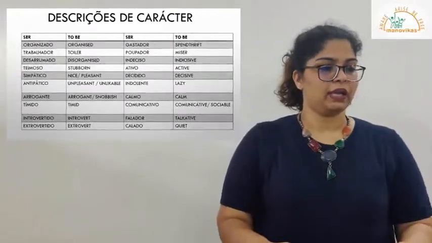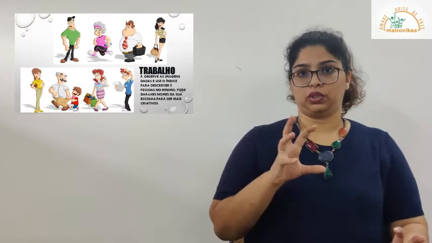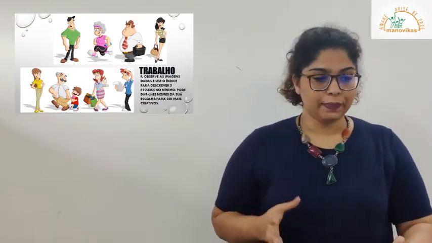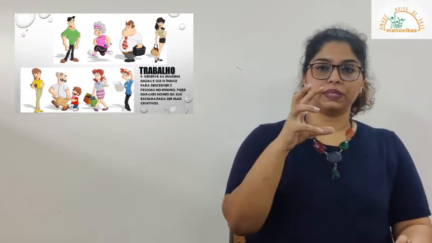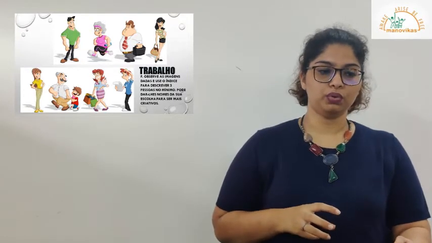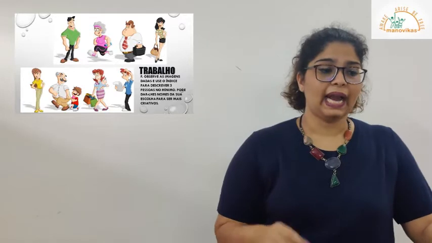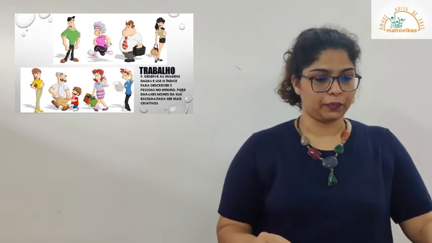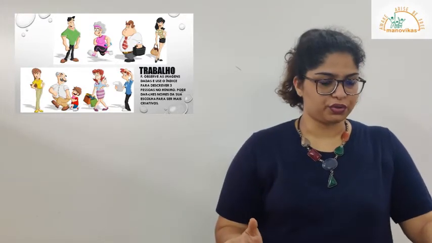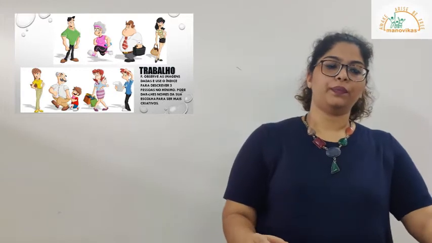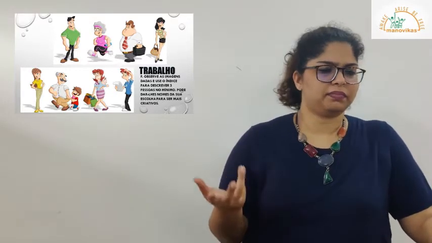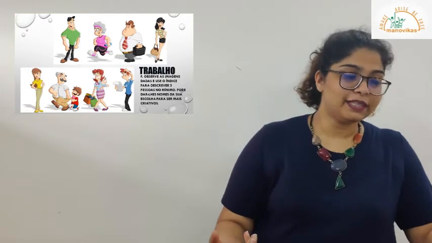Okay. Now, here I have put some pictures in this slide, and I want you all to observe these images and use the table in the previous slides and describe at least 3 people. You can give them names of your choice, just to be a little more creative, and describe the person.